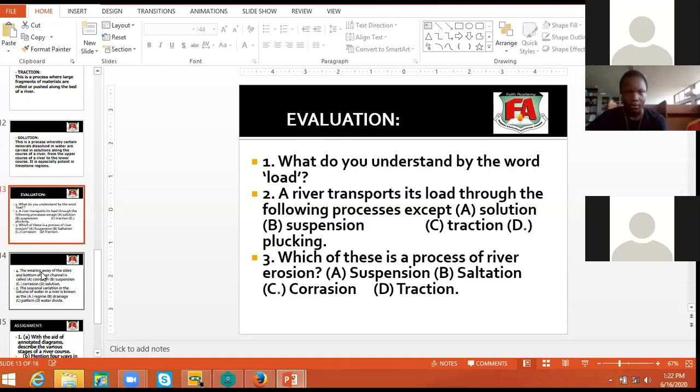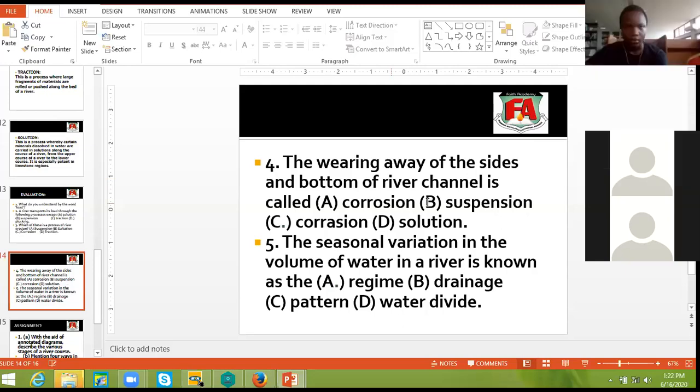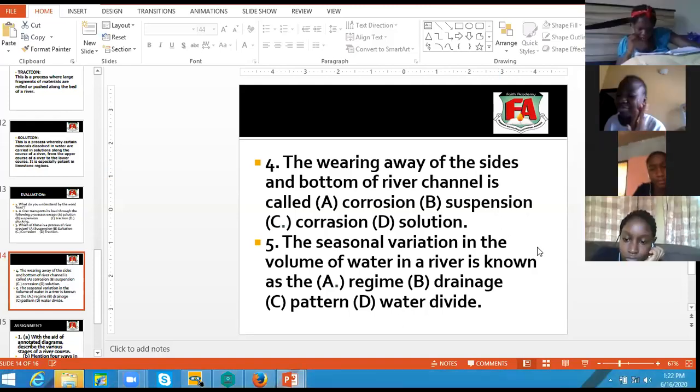The next question is, the wearing away of the side and bottom of the river channel is called A, corrosion, B, suspension, C, corrosion, and D, solution.